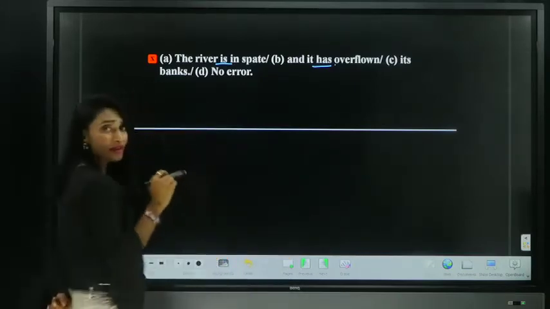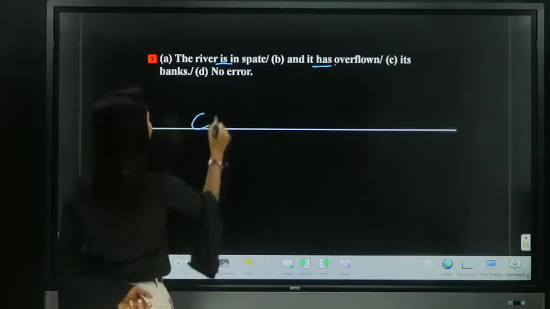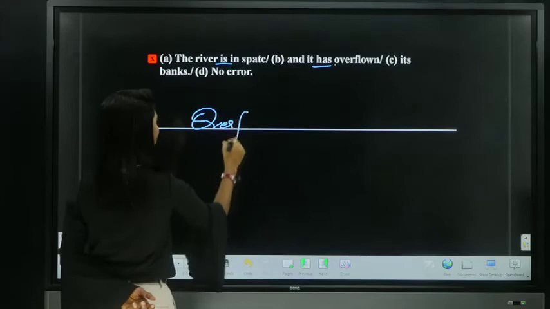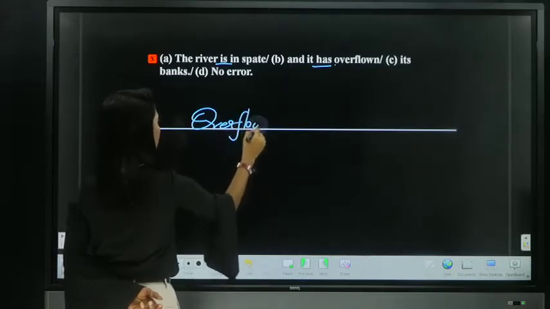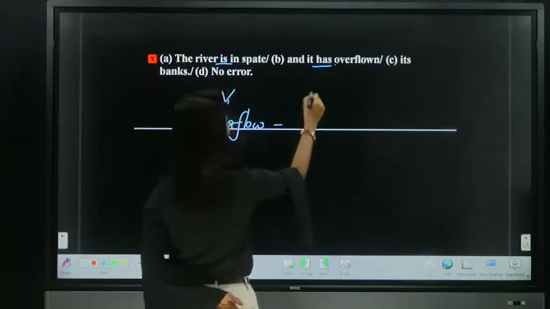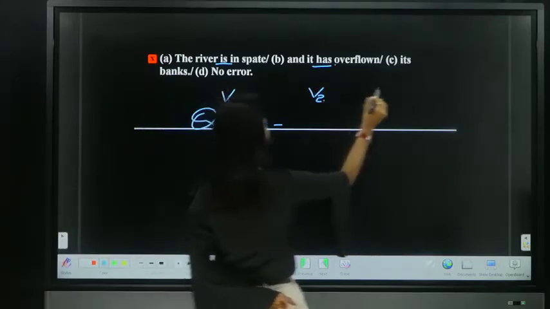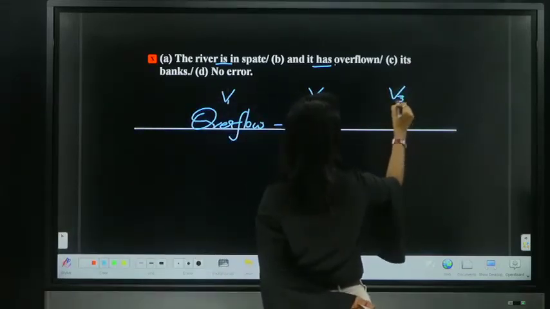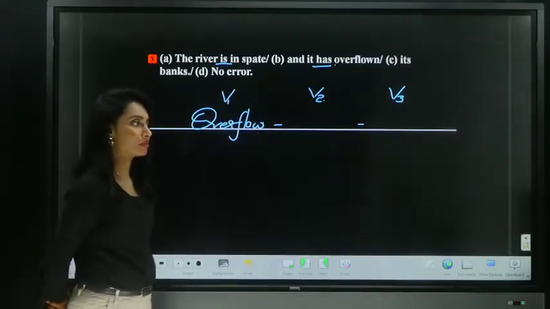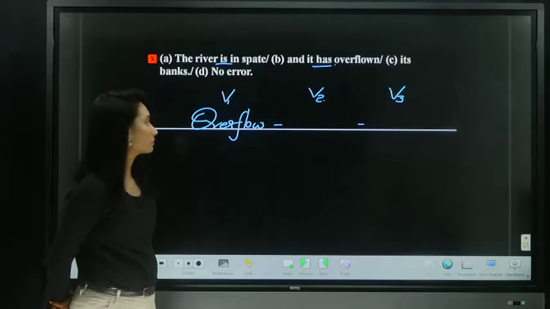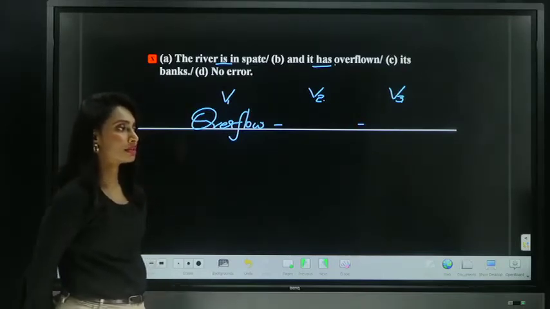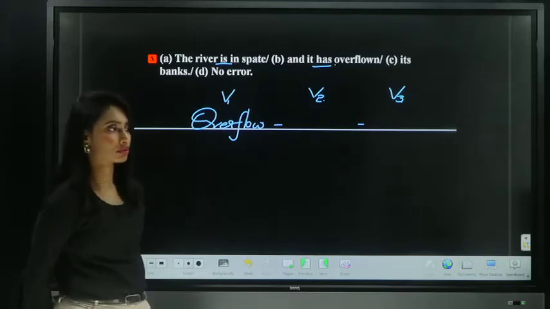Now, everyone, quickly write V2 and V3 for overflow. I have given you here V1. I want you to write V2 and V3 for overflow. Quick. What is V2 and V3 for overflow?